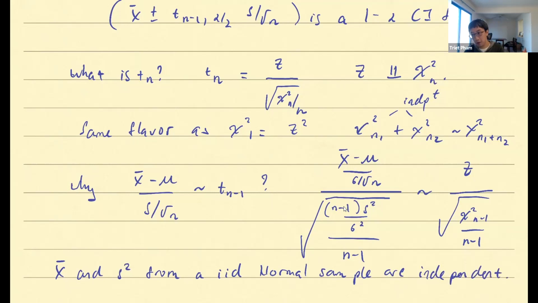This is that result of x bar and s square being independent from a normal sample that we said once upon a time when we discussed chi-square.